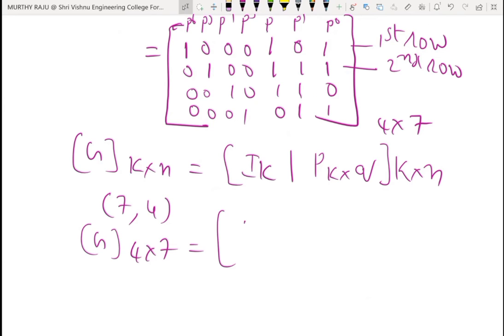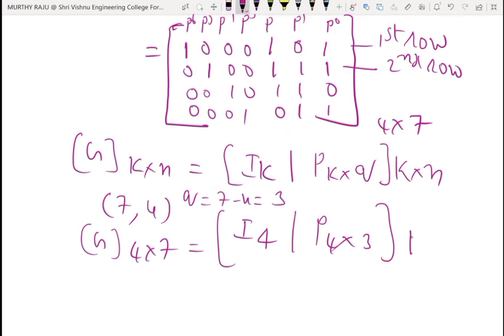Here K is for the I4 identity matrix, P is K which is 4, and Q is equal to N minus K, 7 minus 4, which is 3. So 4 cross 3. The final one is 4 cross 7.